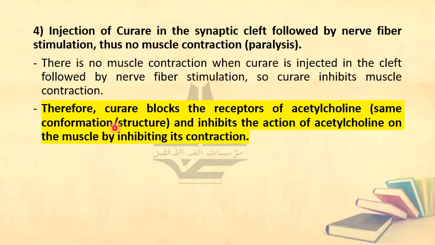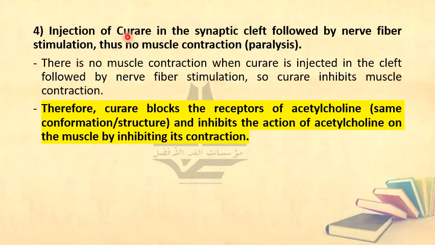So what happened in detail is that once curare was added, it was able to bind to the receptors of acetylcholine on the postsynaptic membrane, and it stopped muscular contraction. Why do they have the ability to bind to the receptors of acetylcholine? You have to know that acetylcholine and curare have the same configuration or the same shape.